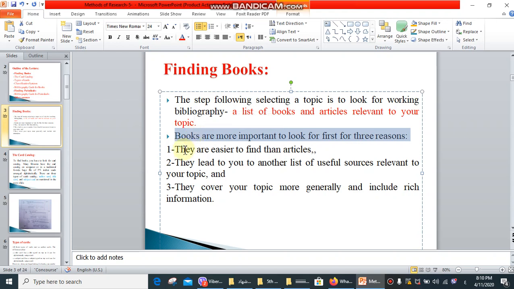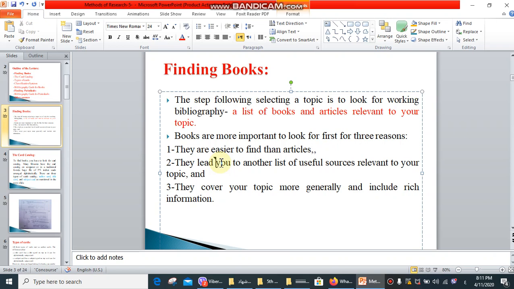Because books are easier to find than other research materials, other articles. Second, they lead you to another list of useful sources relevant to your topic. What is meant by this step is that within the book there is a list of bibliographies.